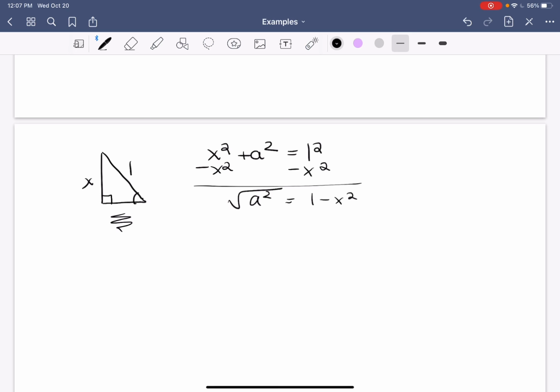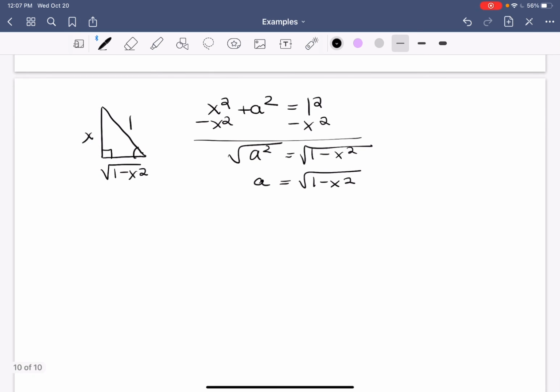So we take the square root of that, and it is the square root of 1 minus x squared. So this is the square root of 1 minus x squared. So the cosine is the square root of 1 minus x squared over 1.